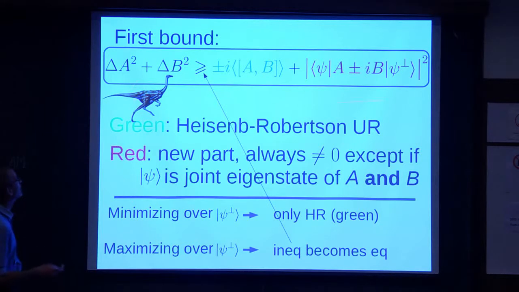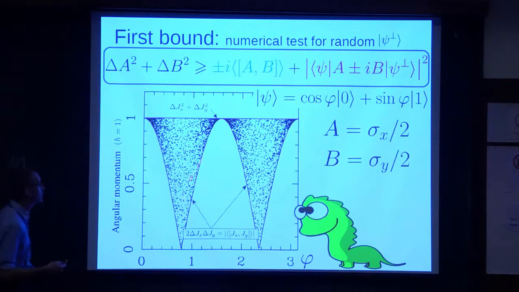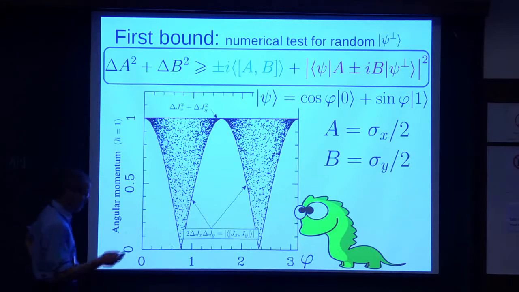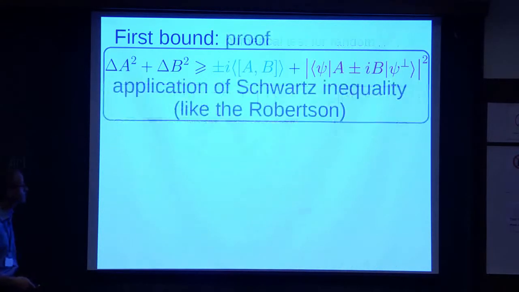So this is a tight bound. And these are some examples with randomly chosen states for psi perpendicular for the case of the sum of two components of the spin.